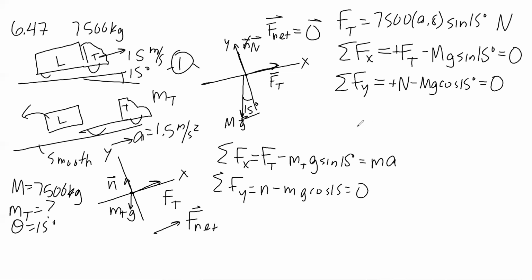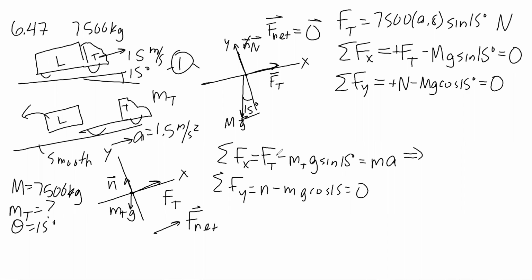Okay, and so now we can work to find the mass, because in this problem we're trying to find the mass of the truck. Once you know the force of the truck from the first part, then you can find the mass of the truck in the second part. I'm not going to do the calculation, it's going to be different for everybody, but we know the acceleration, that's 1.5.